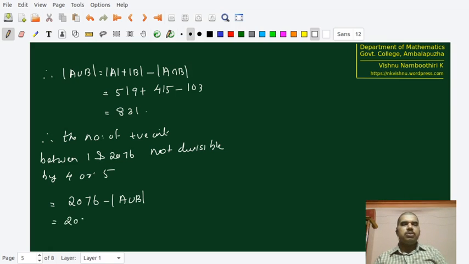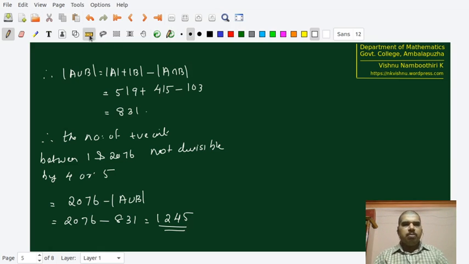This is equal to 2076 minus 831, and this can be verified to be equal to 1245. That's it.